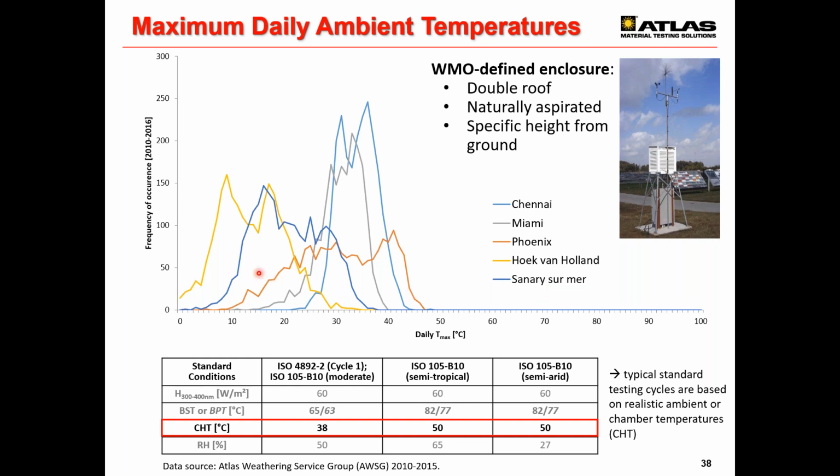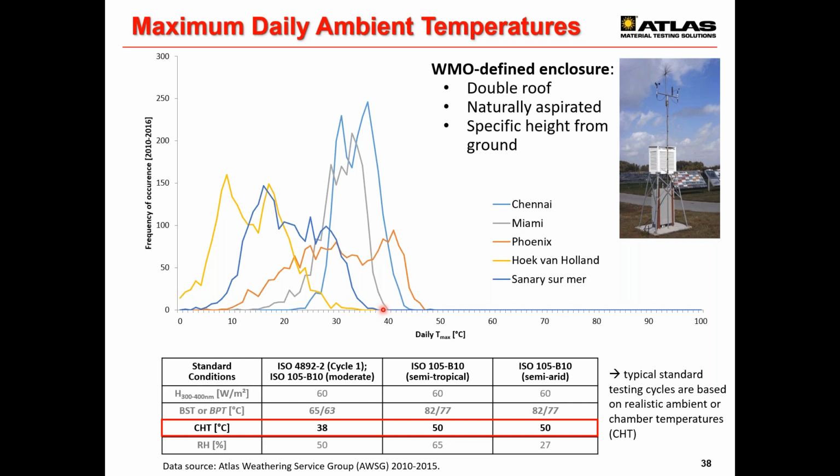And what we see here is the frequency of occurrence in a 6-year frame, how often specific daily maximum ambient temperatures occurred. Especially in Chennai and Phoenix, we frequently see air temperatures above 40 degrees Celsius, not so often in Miami and in the European countries.